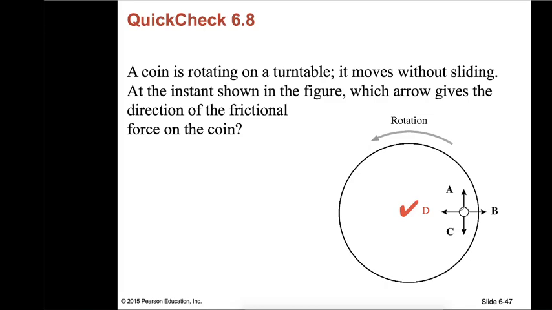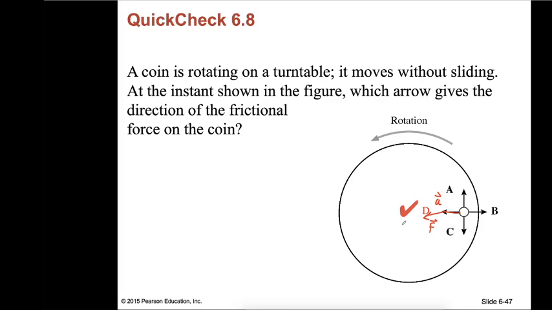Actually, no, because you can imagine, first of all, if there's no friction, the coin will not go into a circular motion. And in a circular motion, there must be a centripetal acceleration and centripetal force, which provides the centripetal acceleration. And the centripetal force has to point towards the center.